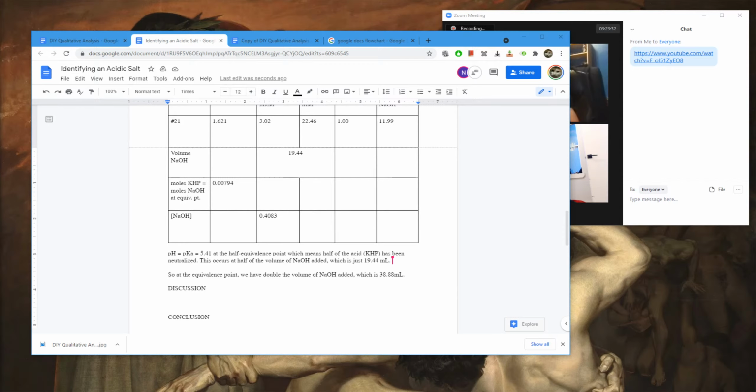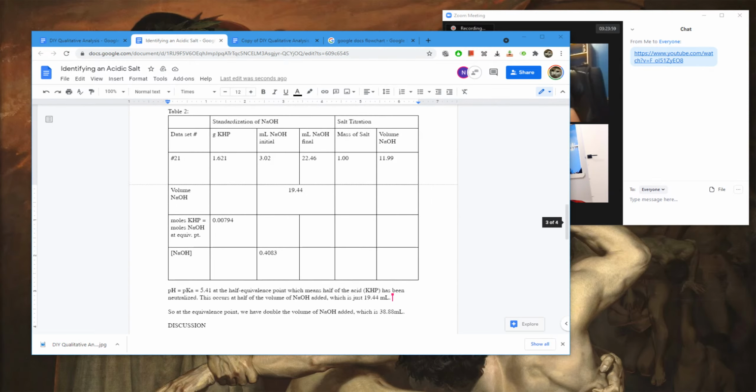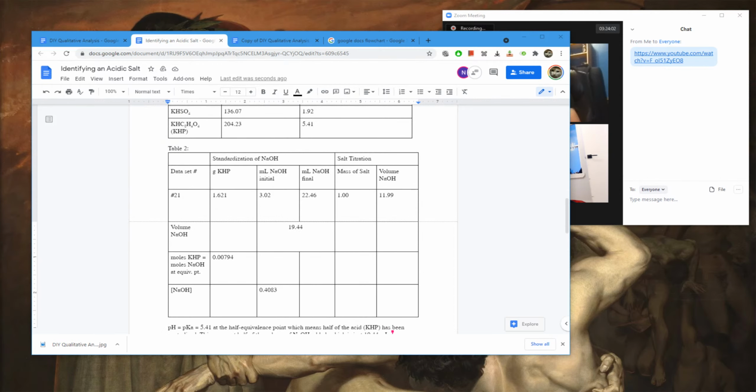Now finding the molar mass of the salt. At the equivalence point, the moles of the acidic salt is equal. Okay, so now we're going to deal with our unknown and the volume of that.